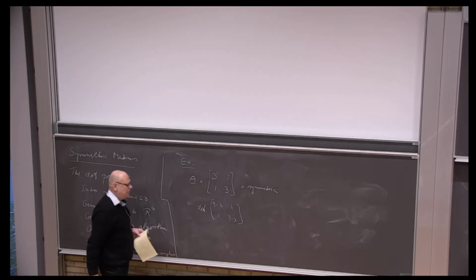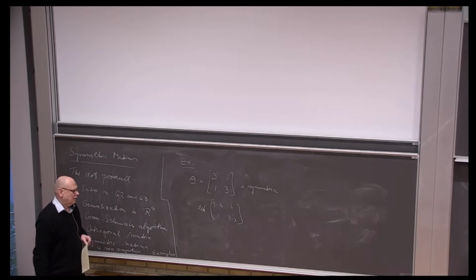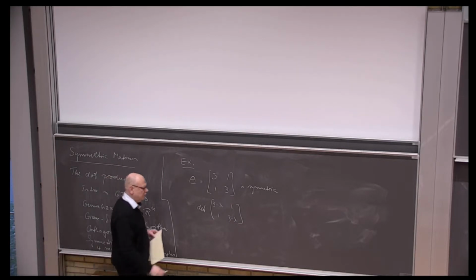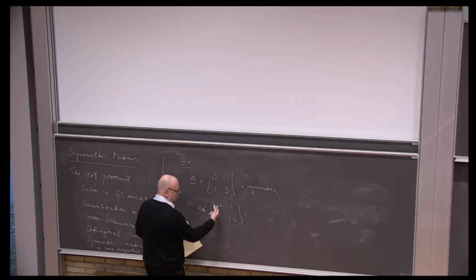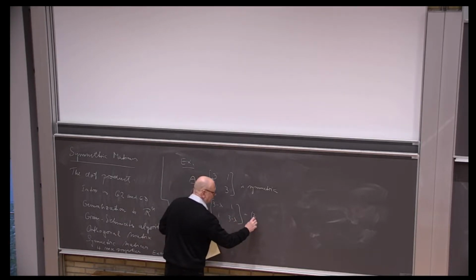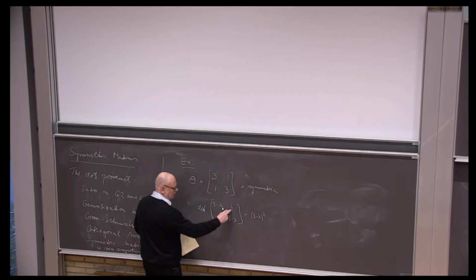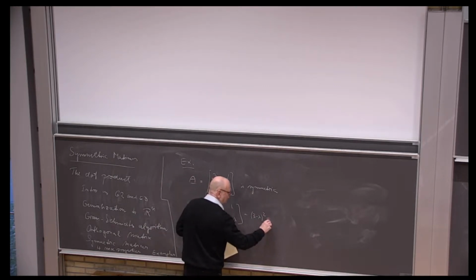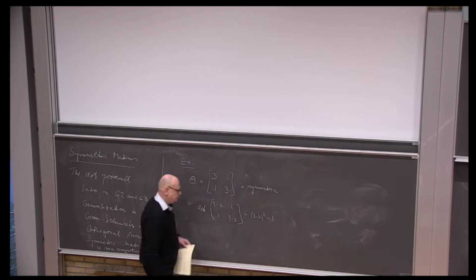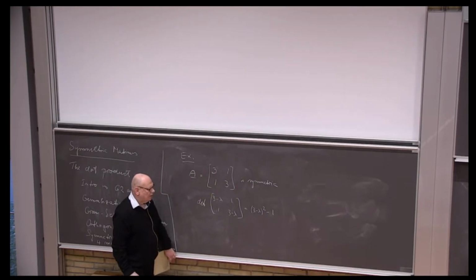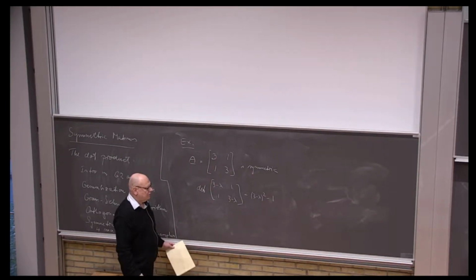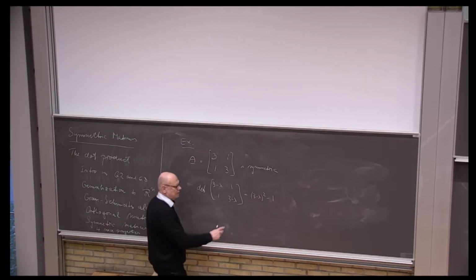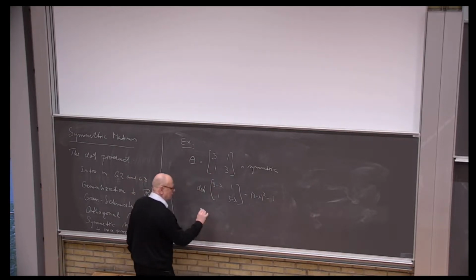And then you have the characteristic polynomial. So it will be 3 minus lambda squared, and then minus 1. I won't do anything more about that because I'll just put this equal to 0.